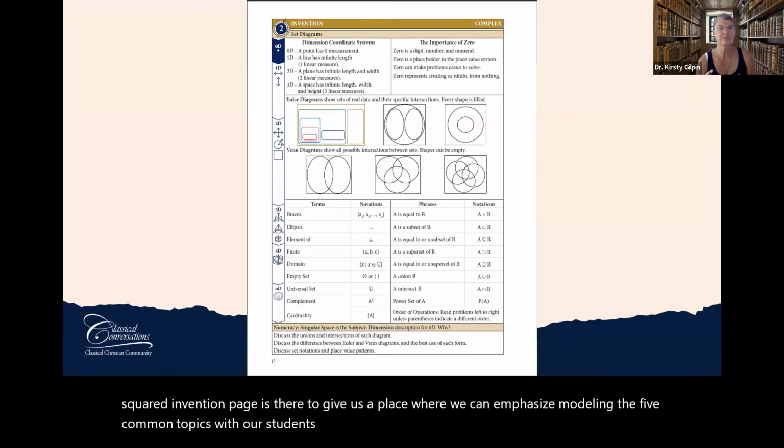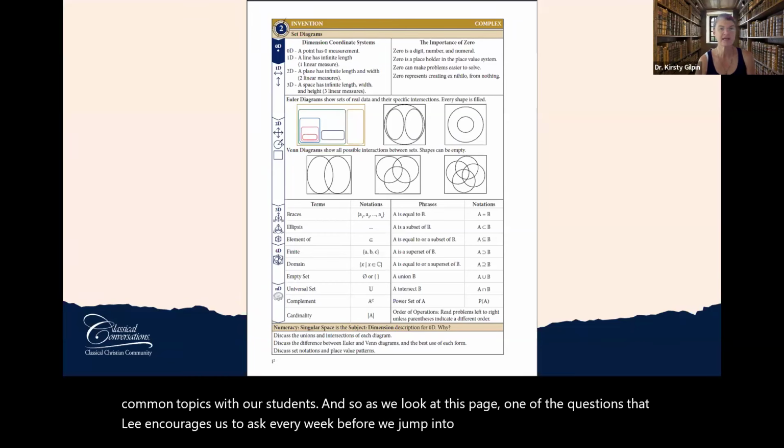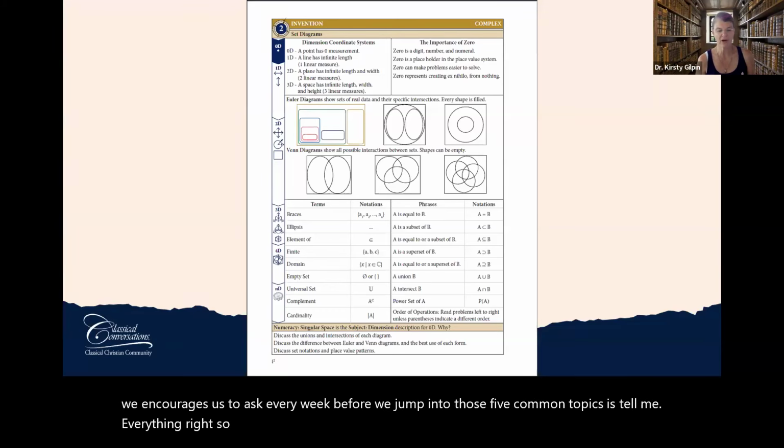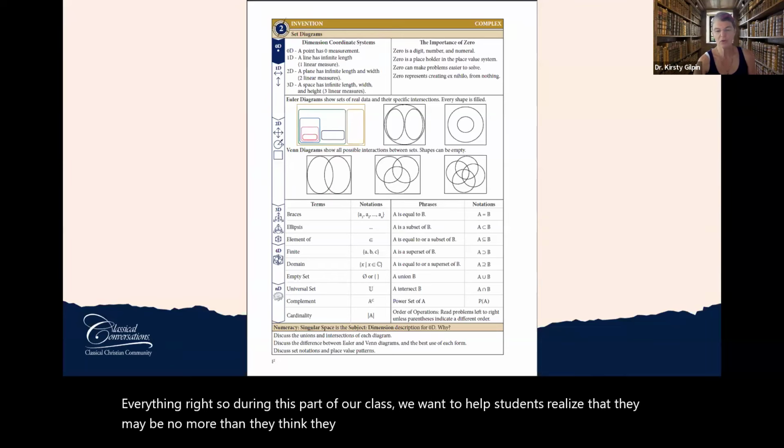As we look at this page, one of the questions that Leigh encourages us to ask every week before we jump into those 5 common topics is, tell me everything you know, right? During this part of our class, we want to help students realize that they maybe know more than they think they do. So go ahead and tell me everything that you know about numbers.